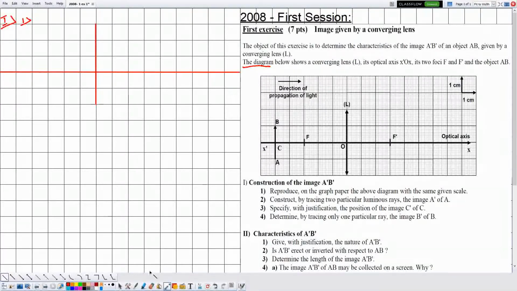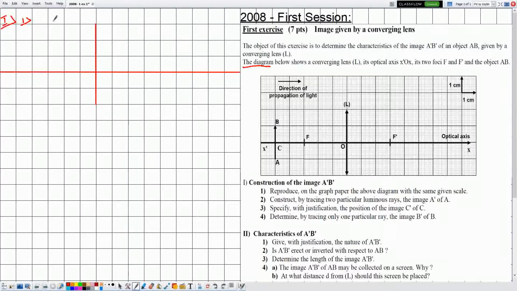Let me label some stuff. Here the direction of propagation is from left to right, then the optical axis has the same direction. This is the symbol of a converging lens.